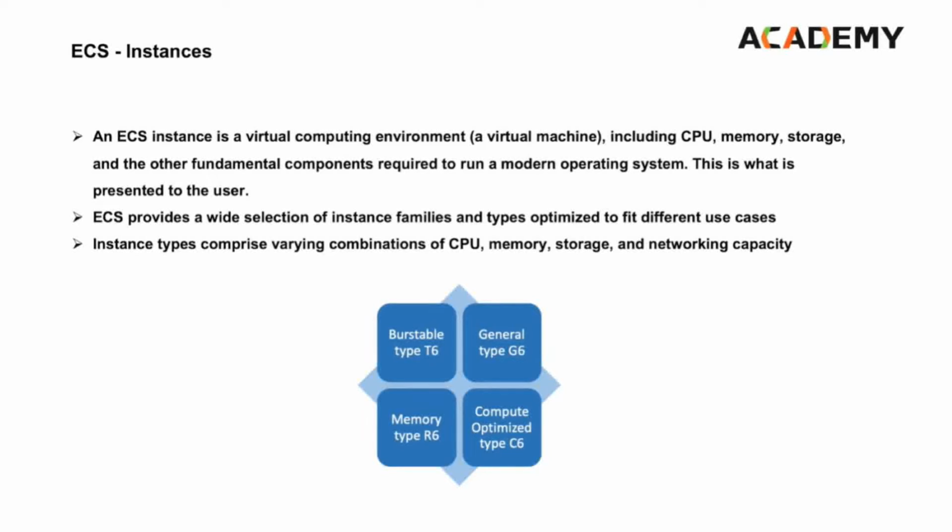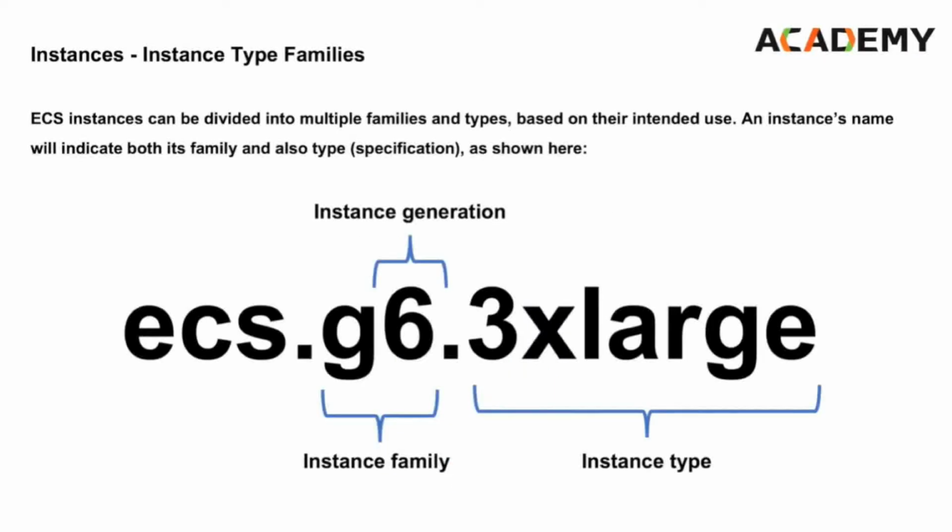As we already saw, like various categories of normal computing and heterogeneous computing, here also we see different families for different use cases, and the instance types comprise varying combinations of CPU, memory, storage, and networking capacity. They are used for burstable type T6, general type G6, memory type R6, compute optimized type C6.